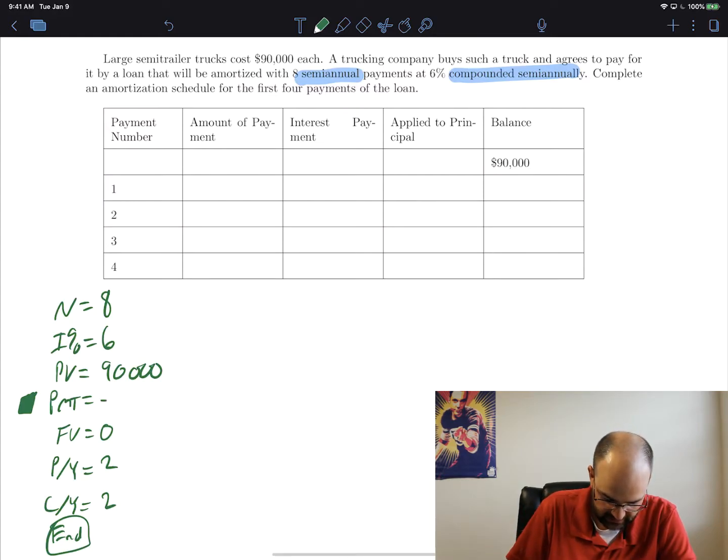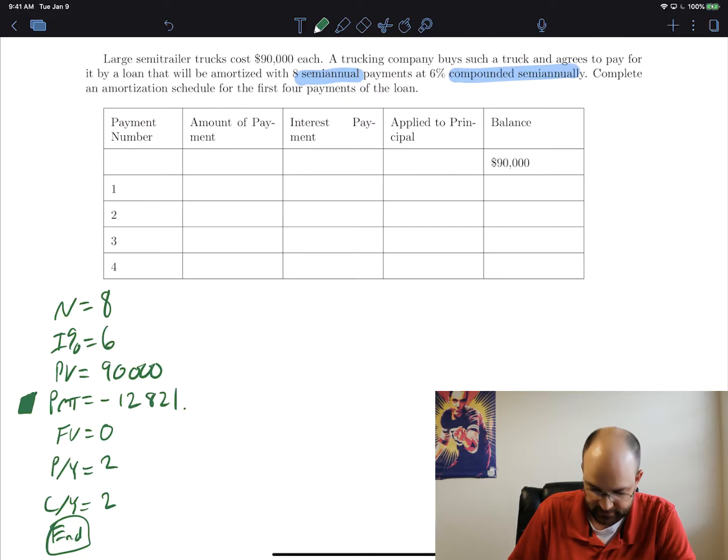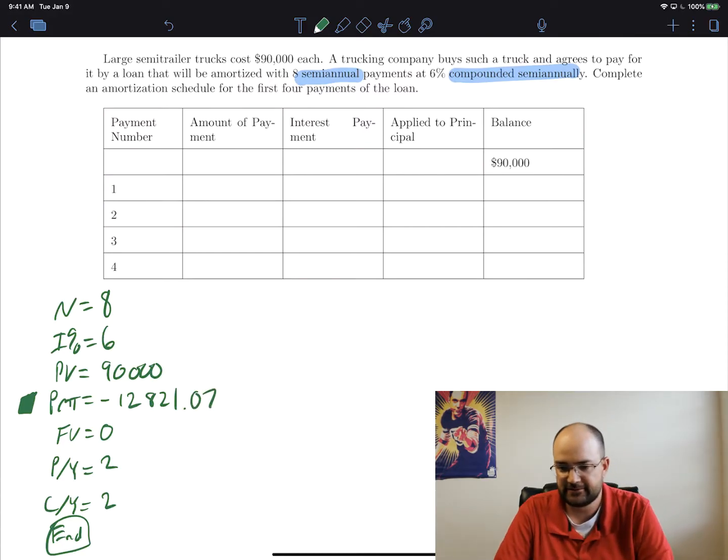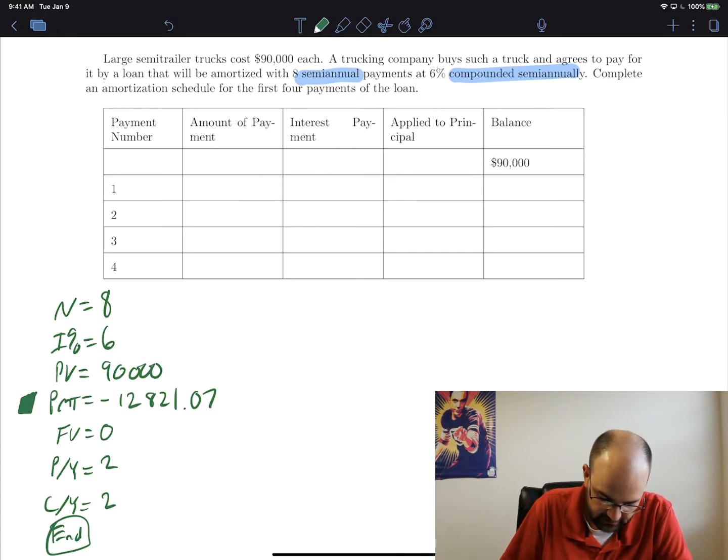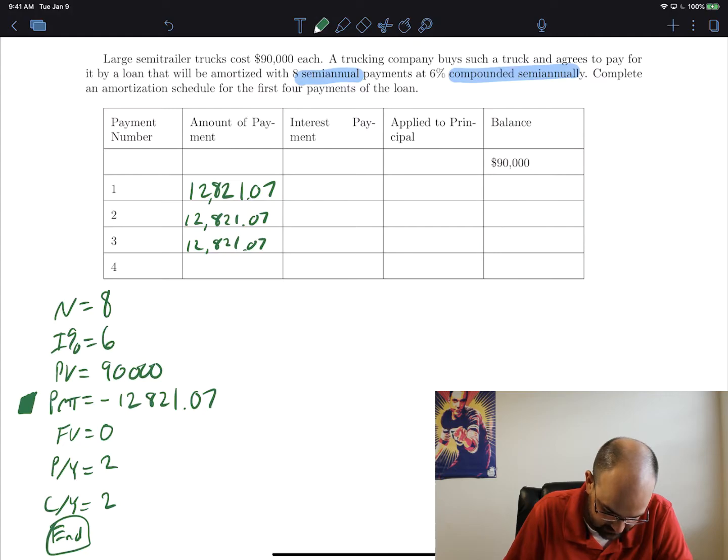Which gives me negative $12,821, and to the nearest penny is 7 cents. Good deal. And so that means the amount of each payment will be $12,821.07. That will be the same for every single payment.